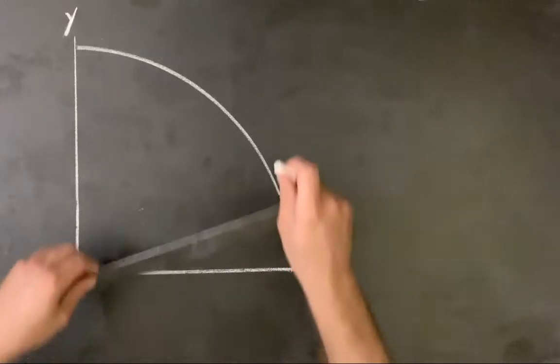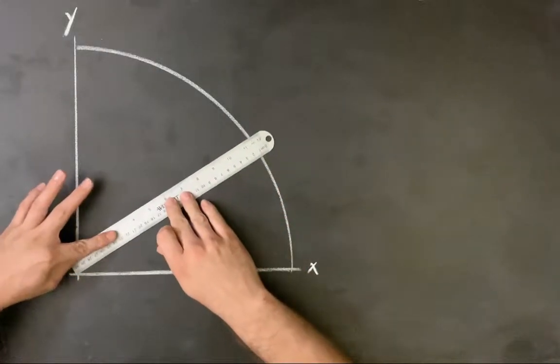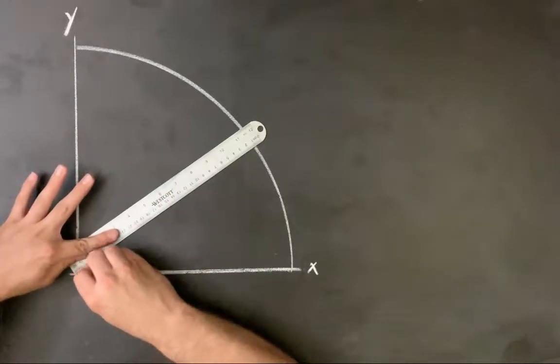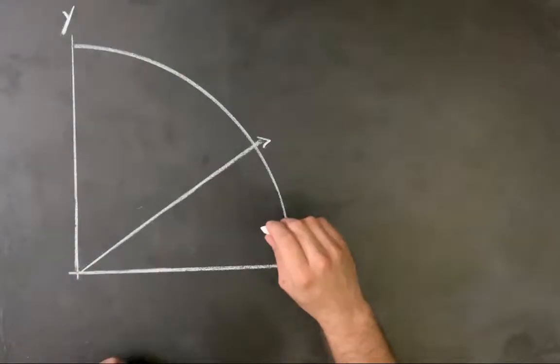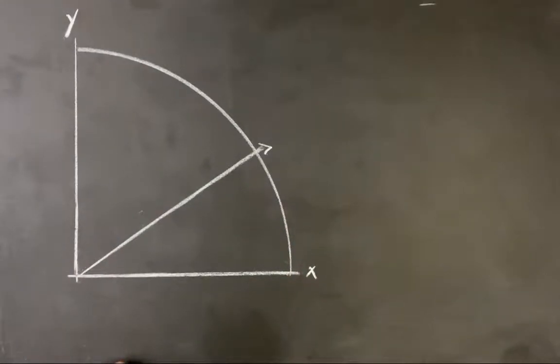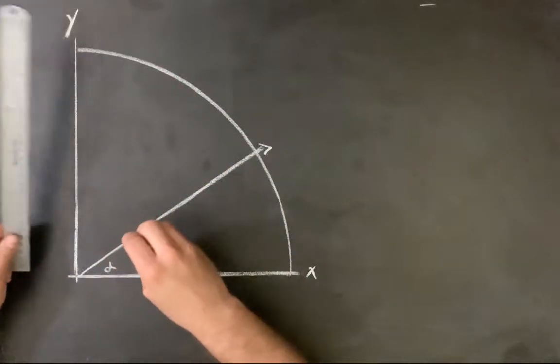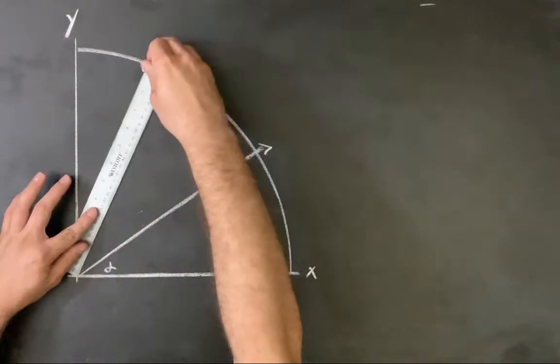So we're going to draw an angle alpha that we had before, but this time we're actually going to show an angle beta as well.